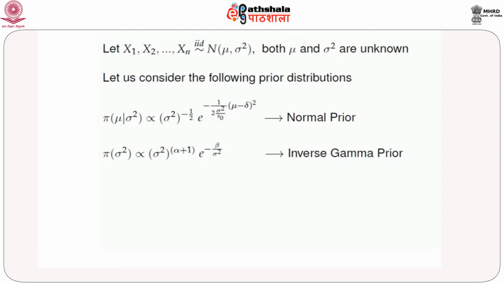So, this is conventionally known as the NIG prior or the normal inverse gamma prior for the above family of normal distributions when both mu and sigma square are unknown.